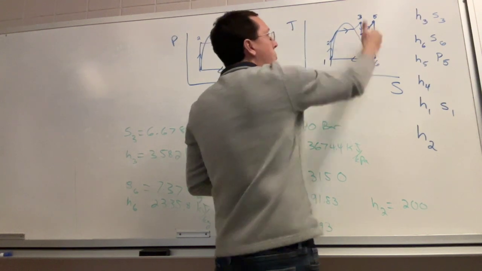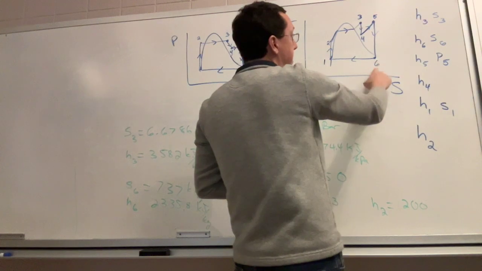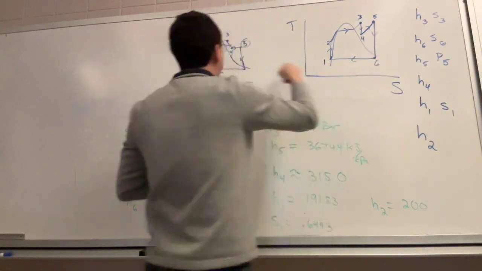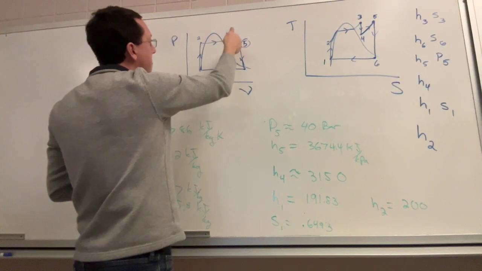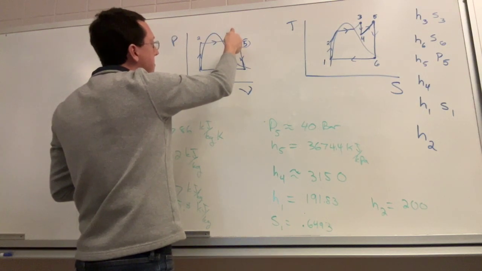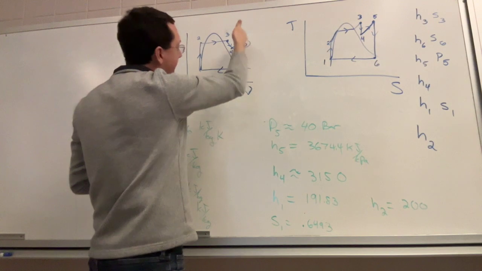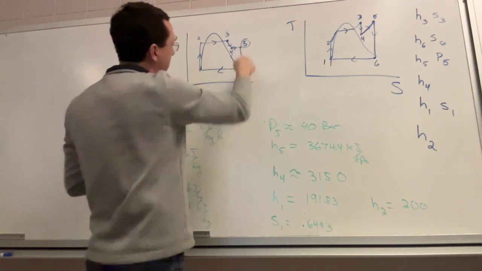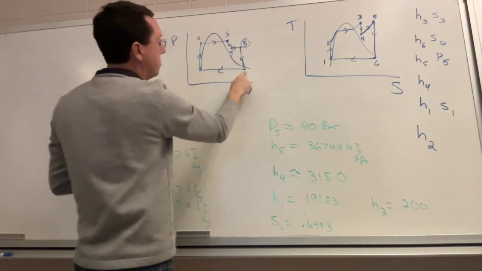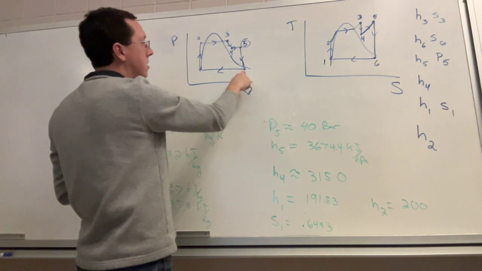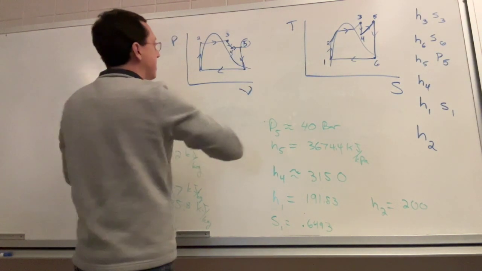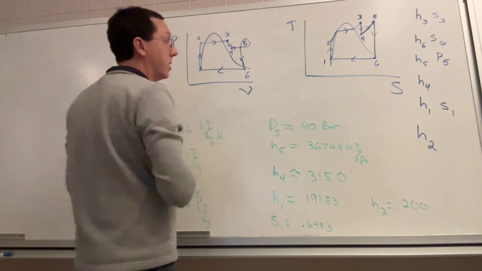So we know it goes all the way down into the saturated state. So I know that happens. And here, well, again, it's a gas. It's going to kick outwards a little bit. So it's going to end up, but it has to be inside the saturation curve here, because the quality is given at state 6. Okay?